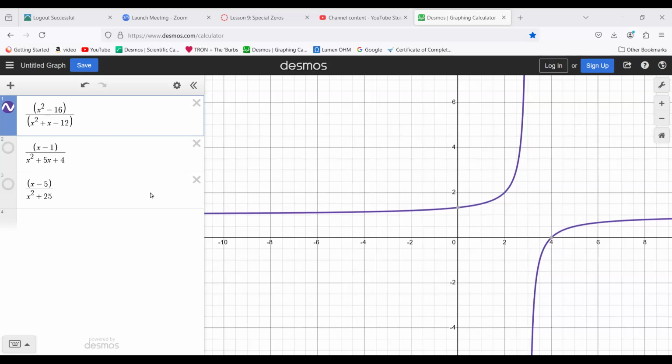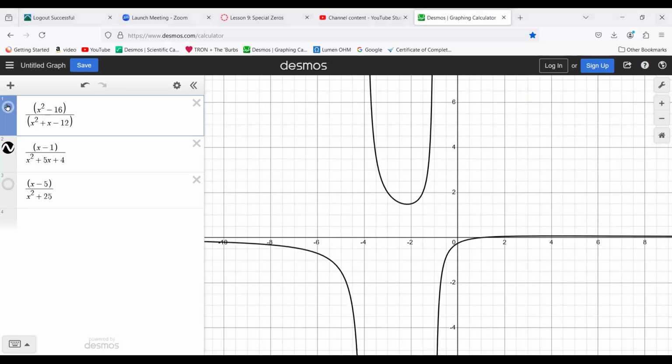B, we said that we didn't share a zero with the top, so both of these zeros at the bottom, we had one at -4 and one at -1. So we should have had two vertical asymptotes, which we see we do have. And they're exactly where we said, one at -4, one at -1.